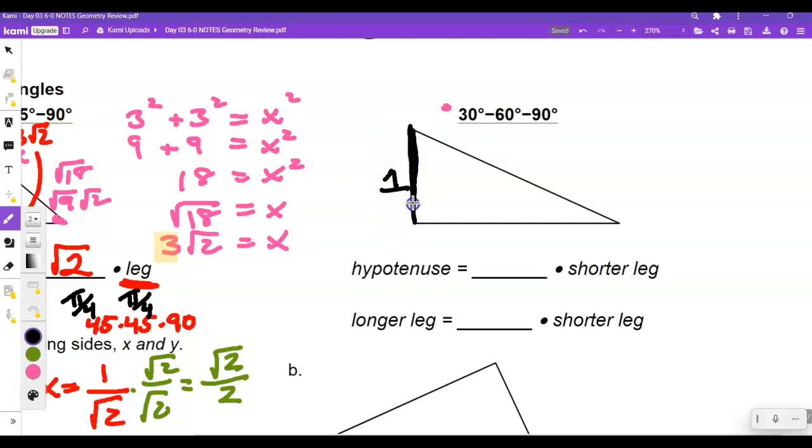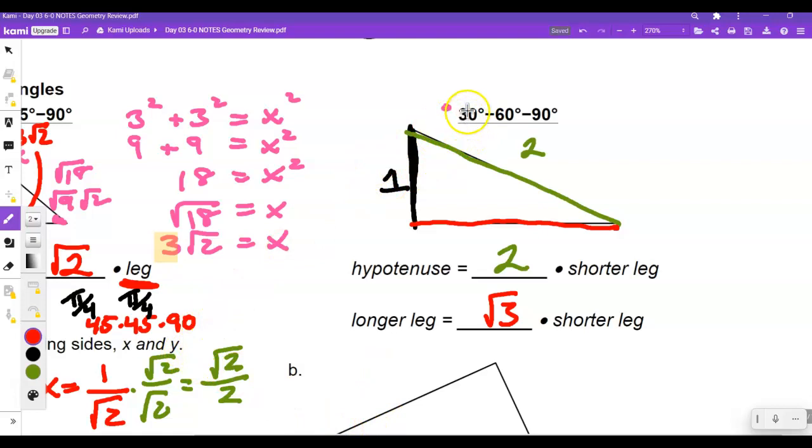So if you have the short leg, you're good to go. If you want to find the hypotenuse, all you got to do is double the short leg. So this is 1, that's 2. And if I want to find the longer leg, I go back to my short leg and just multiply that by root 3. So that's whatever this is times root 3. Nothing more.